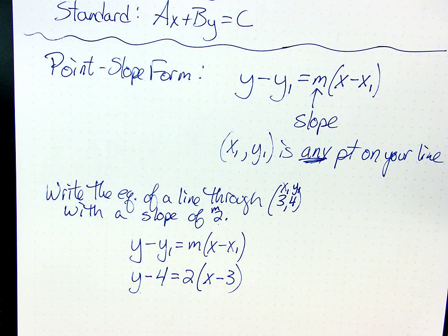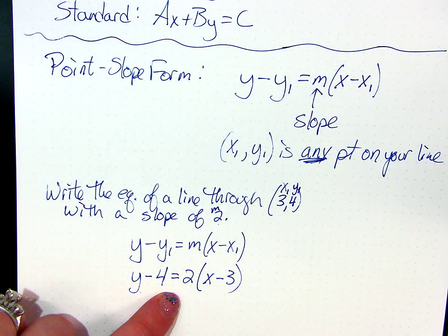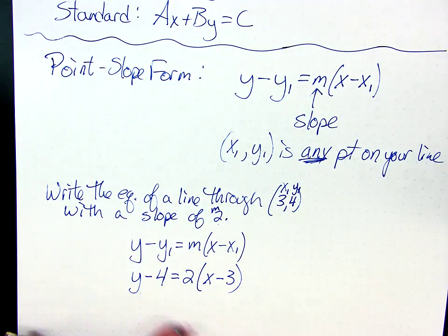But now, what we're going to be practicing is I'm going to give you this, and I'm going to ask you to work backwards, look at this, and tell me a point that this line must go through and the slope. Let me give you an example.